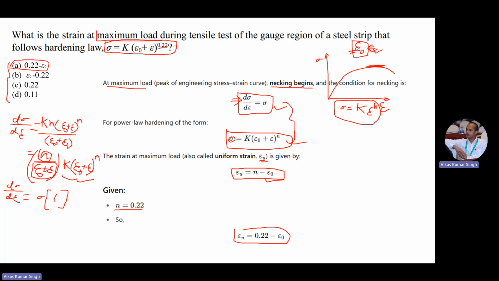Now moving towards the next question. Here in the next question, it is given that a steel sheet with an inhomogeneity factor of F equal to 0.995 is deforming in balanced biaxial tension. Here the concept of inhomogeneity is coming, which we have already discussed, so we will use that concept directly.